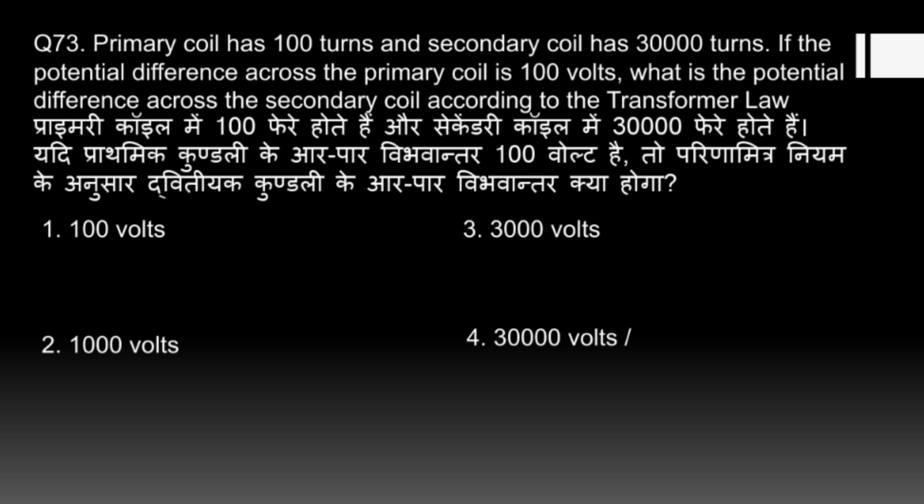If we apply this to the numbers, 100 upon 30,000, and the voltage is 100 volts. So the right answer by applying this equation is 30,000. The right answer is option number 4, which is 30,000 volts.